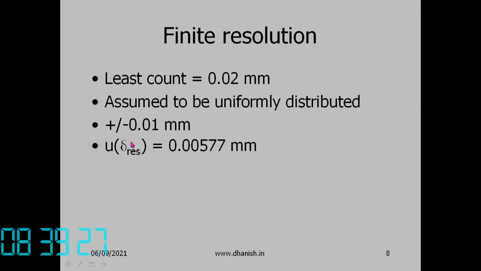So standard uncertainty due to resolution will be A by √3 again, 0.00577 mm. Then sensitivity will be the partial derivative of error with respect to delta S. That will be 1. So that is the effect of resolution.